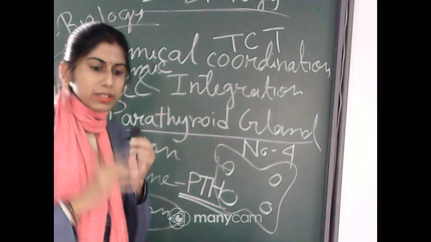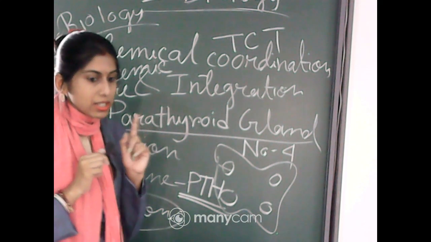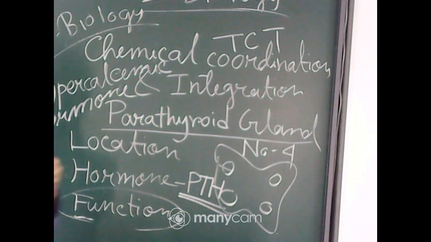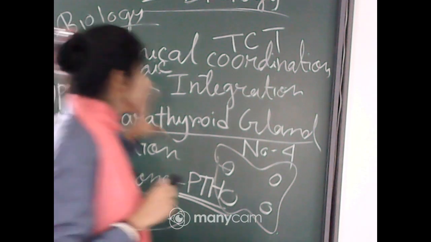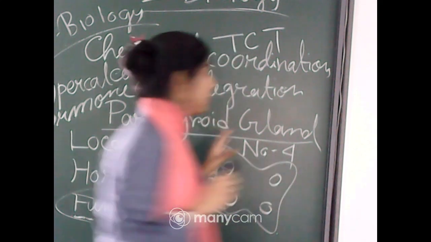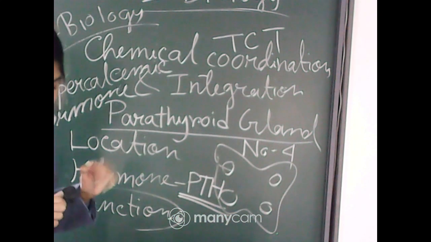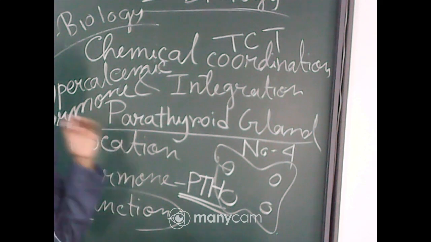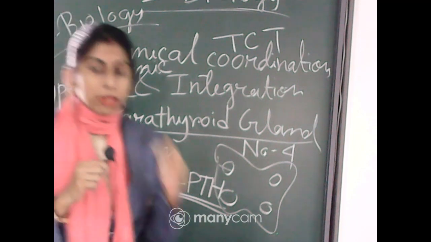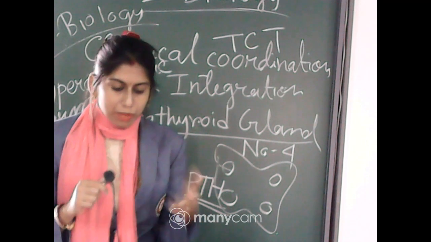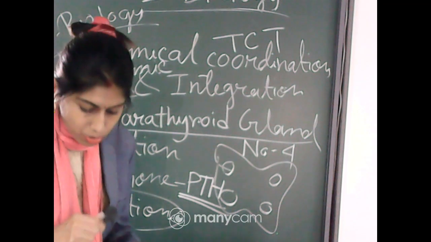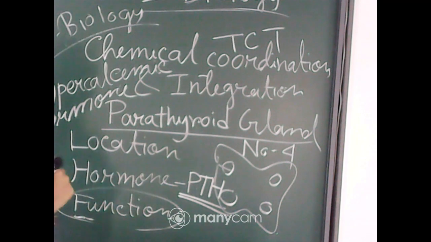In my previous class, when I discussed the thyroid gland, I discussed thyrocalcitonin, and thyrocalcitonin also has a role in the regulation of blood calcium level. So PTH is a hypercalcemic hormone, that means it increases the calcium level in the blood. Along with TCT, it plays a significant role in the calcium balance in the body.